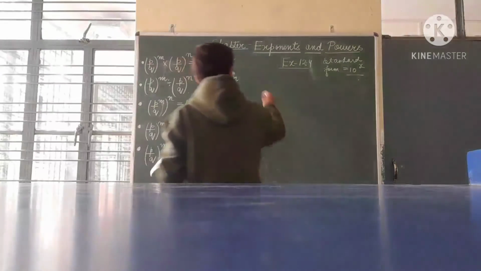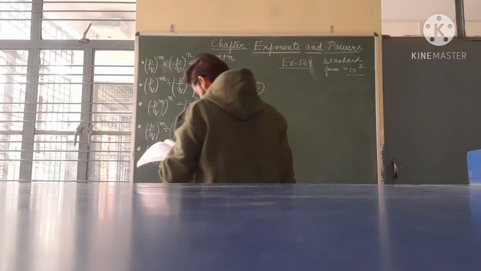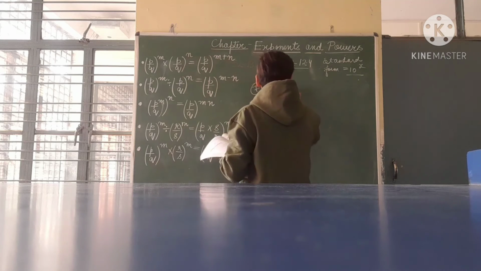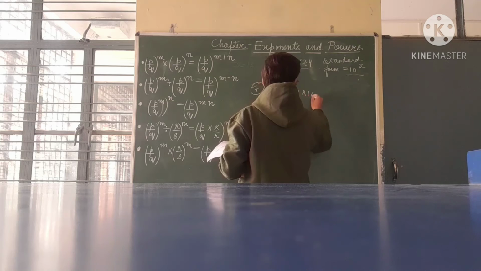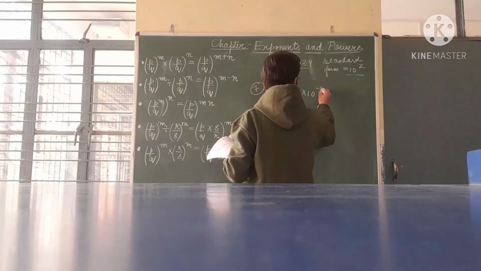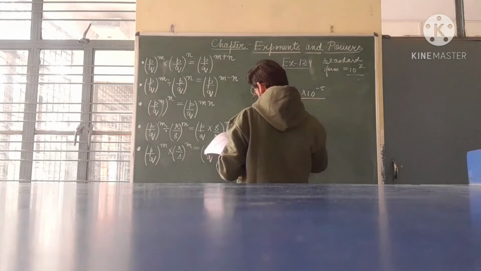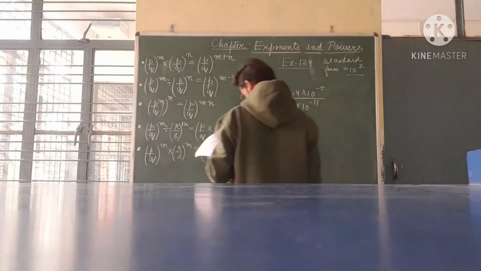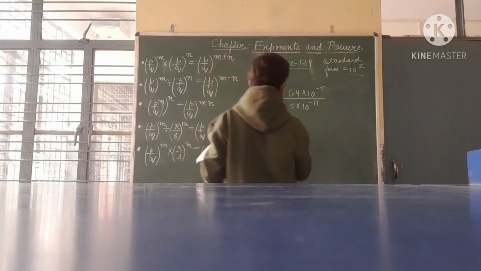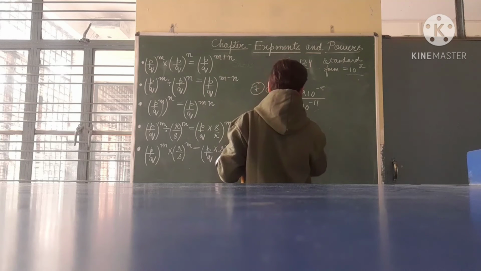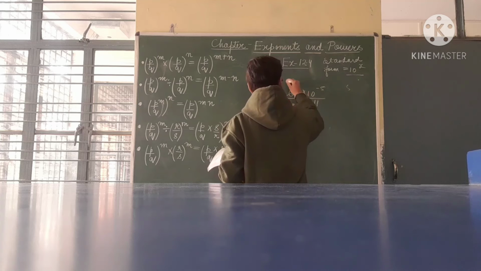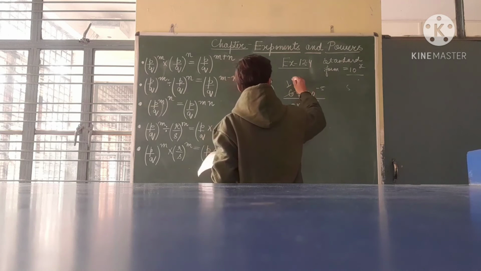Now see question number 7. 64 into 10 to the power minus 5 upon 5 into 10 to the power minus 11. We have to simplify. A very simple way: just divide 64 by 5.